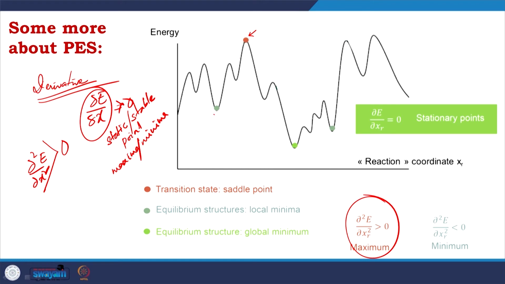But among minima, if you see, these are local minima, whereas this represents the global minima.